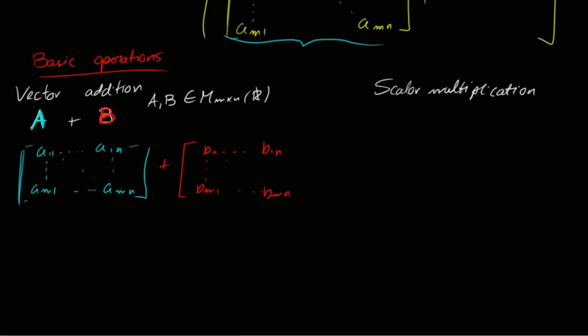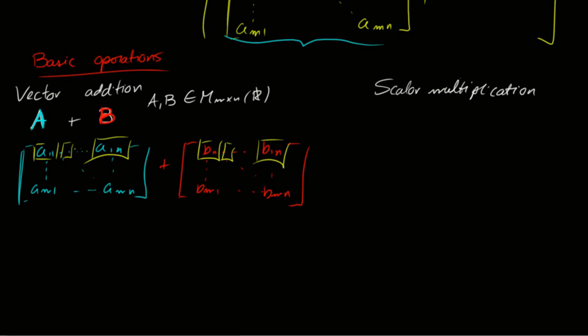I'm just generally representing how my matrices or vectors would look. So when you add them, what really happens is you take the 1-1 entry of A and add it to the 1-1 entry of B, and then you take the 1-2 entry of A and add it to the 1-2 entry of B, and so on. And then the 1n entry of A to the 1n entry of B, and that happens for every single entry of A and B.